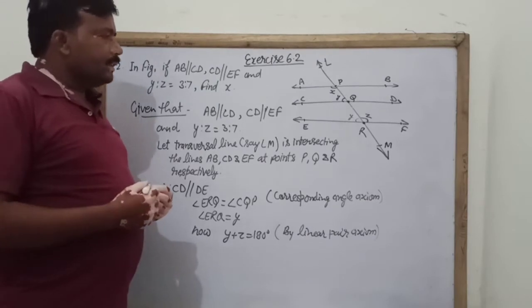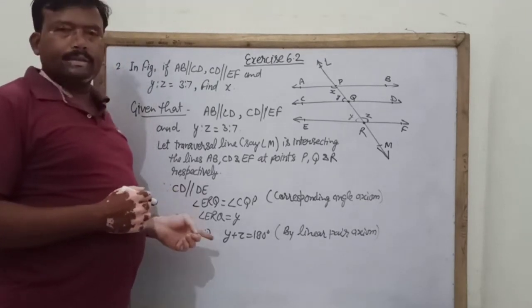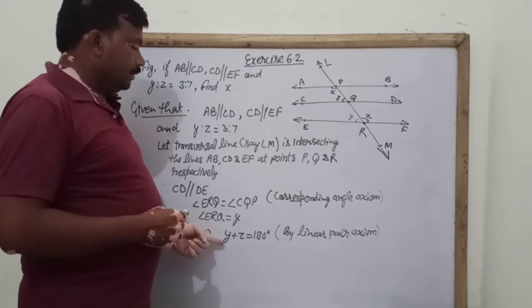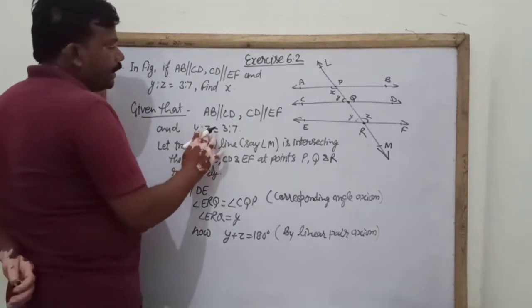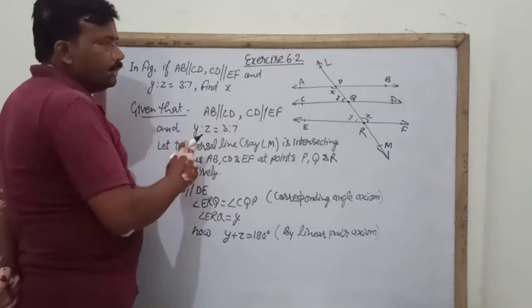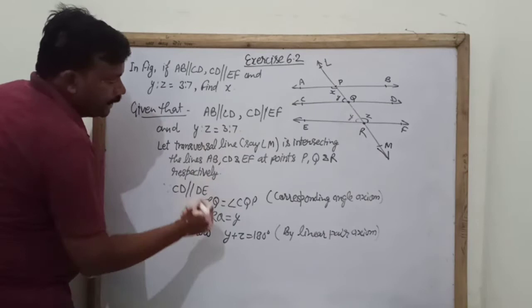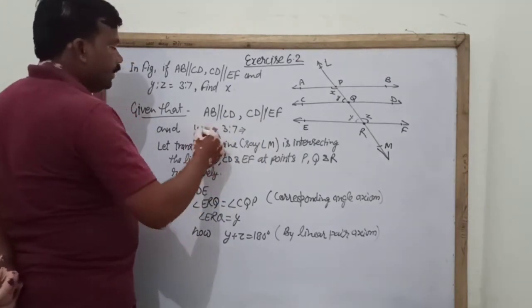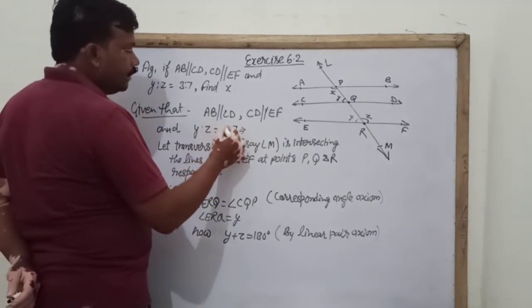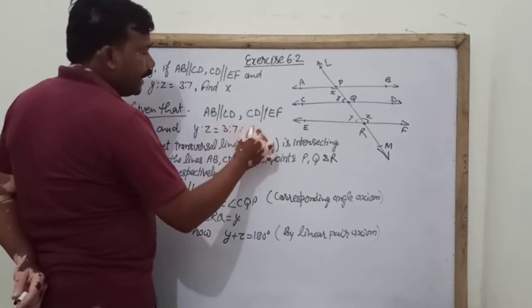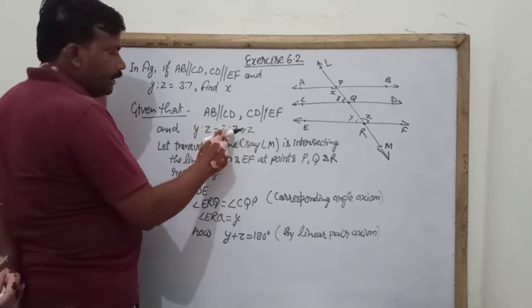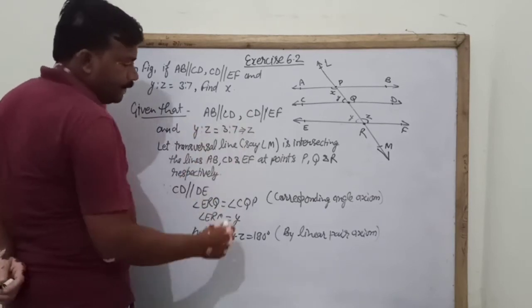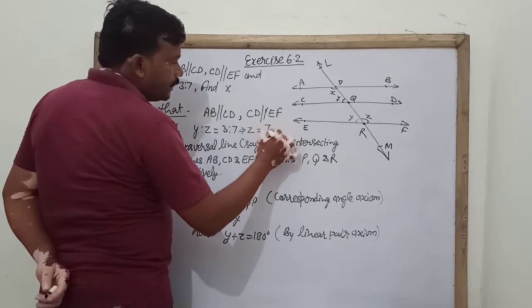Given here that y ratio z equal 3 ratio 7, then from this we can find the value of z. Z equal 7y upon 3. Z equal 7 by 3y.